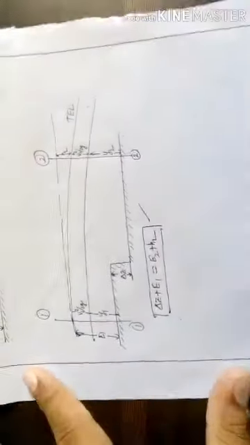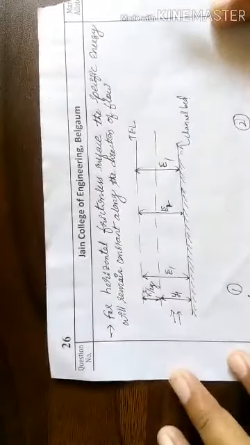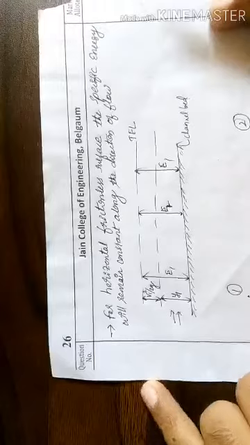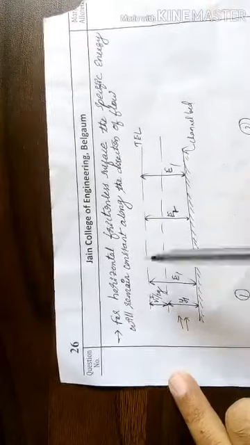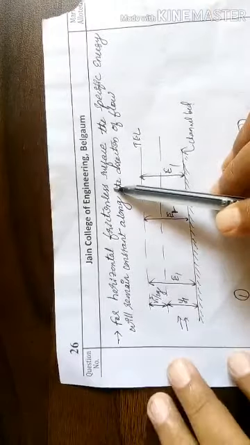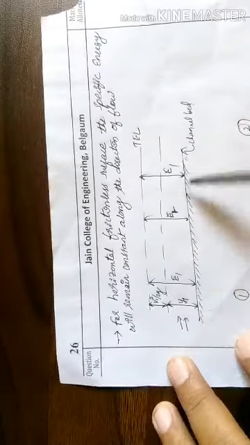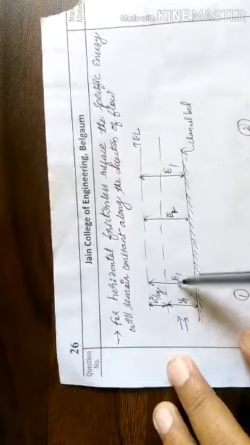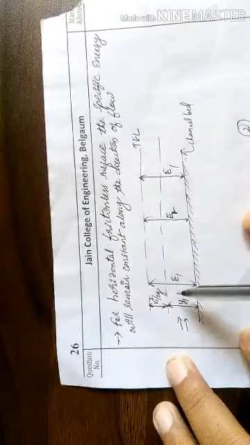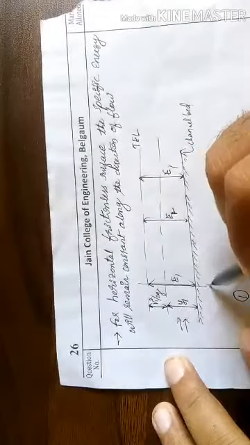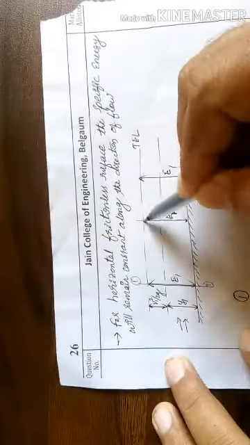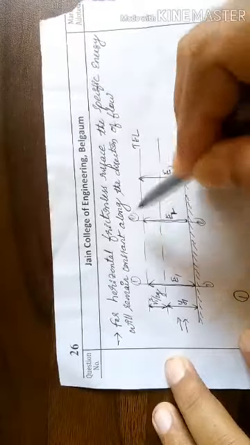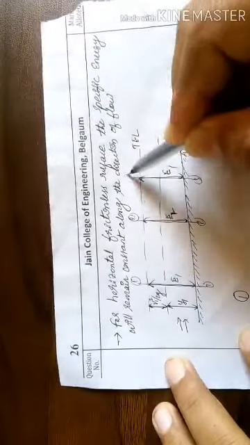Then next, suppose we have a channel with a horizontal frictionless surface. If there is no friction at all, as the fluid starts flowing, whatever energy we have at section 1-1, or if you take section 2-2, section 3-3, all energies will remain the same.